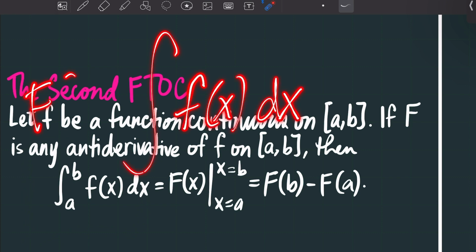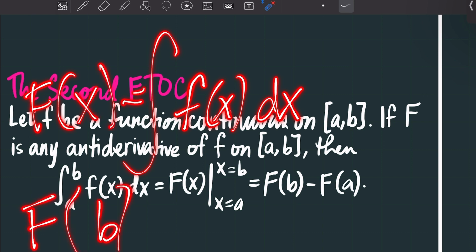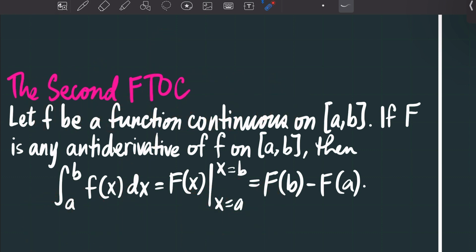Pero, kukunin mo right after tong difference na to, f of b minus f of a. So, kung titignan natin, second fundamental theorem of calculus is actually quite limited because we are talking about a single function. However, if you recall, we discussed U substitution.